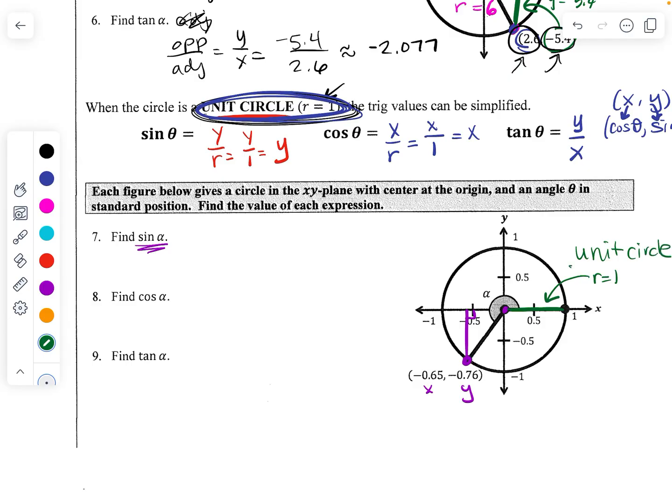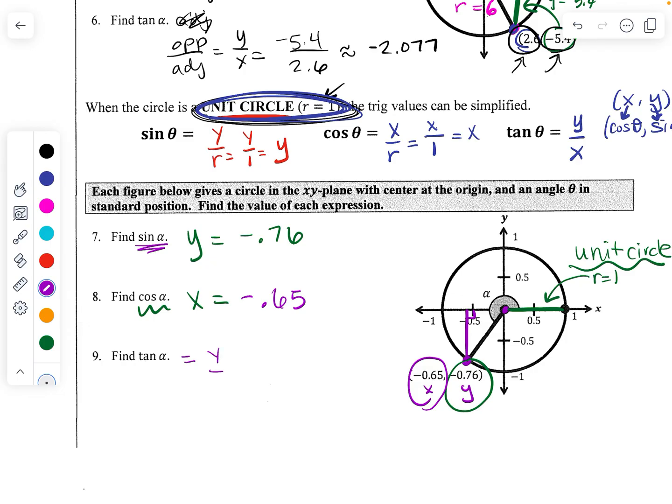Since this is a unit circle, I know the sine of A is just y. Therefore, y is negative 0.76. The cosine of it is just the value of x, which is here, negative 0.65. And tangent is going to be y over x, which is negative 0.76 all over negative 0.65. Put that in your calc, and you get approximately positive 1.169.